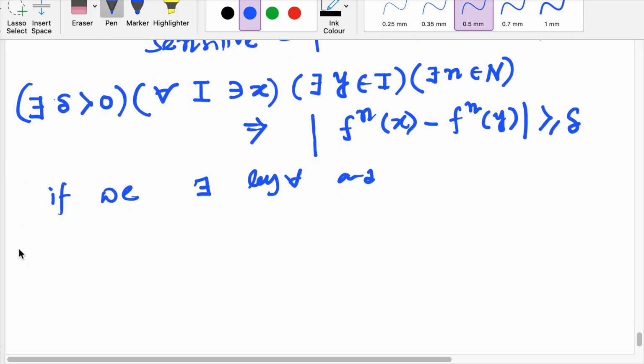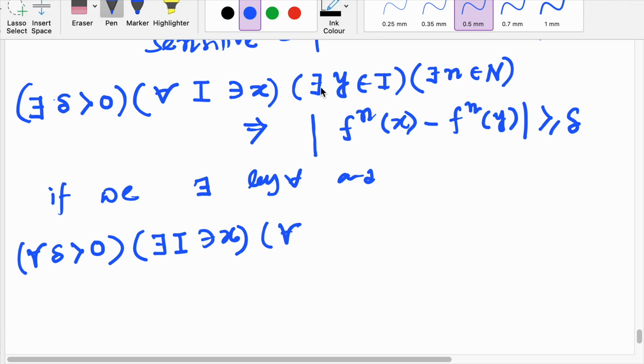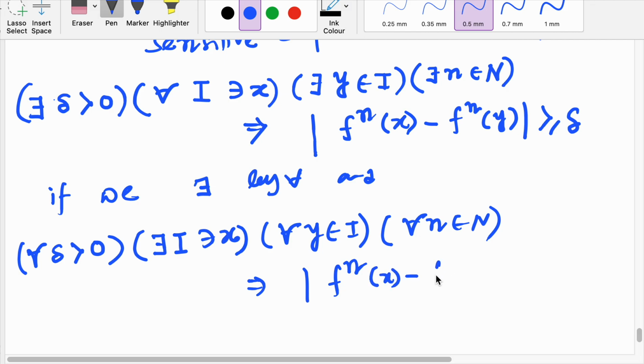So for all delta constant greater than 0, we will find an open interval which contains this point x, and for all y that belongs to I, and for all n natural, f^n(x) minus f^n(y) remains close.